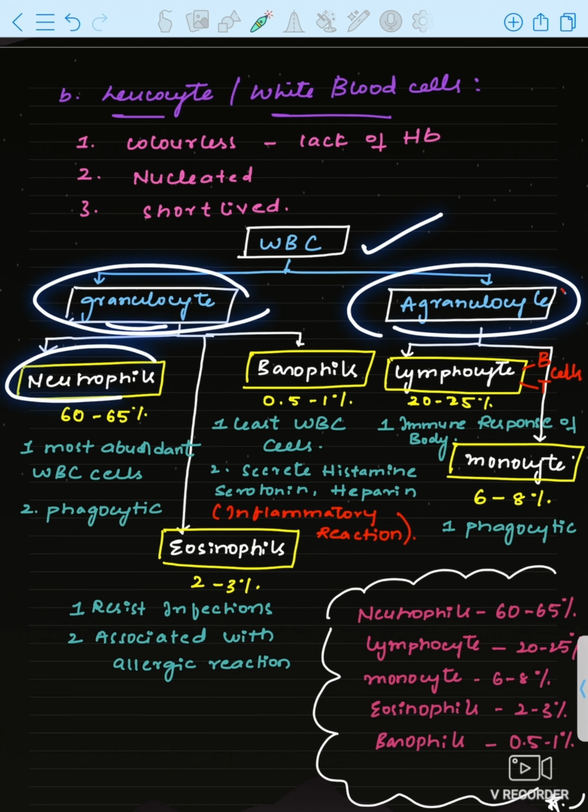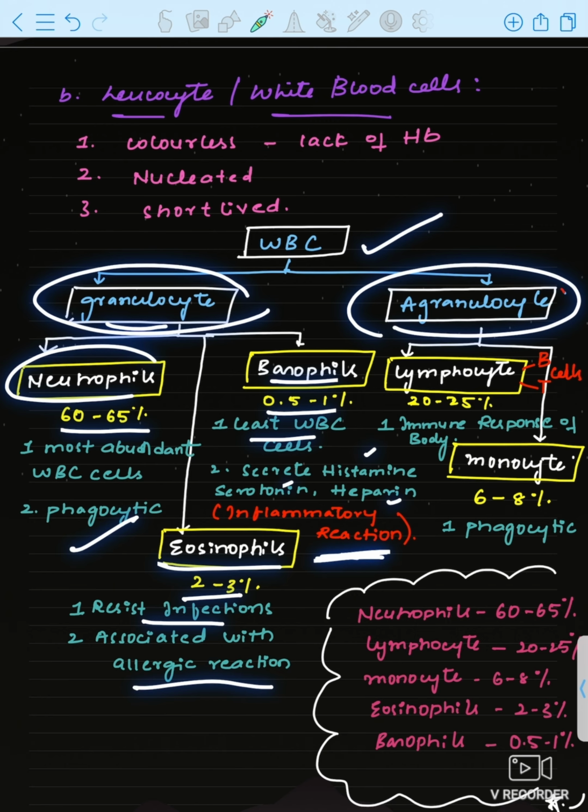WBCs: granulocytes and agranulocytes. In granulocytes, neutrophils 60 to 65%, phagocytic. Eosinophils 2 to 3%, resist infection and are associated with allergic reactions. Basophils, least in number, 0.5 to 1%, release histamine, heparin and serotonin, causing inflammatory reaction.